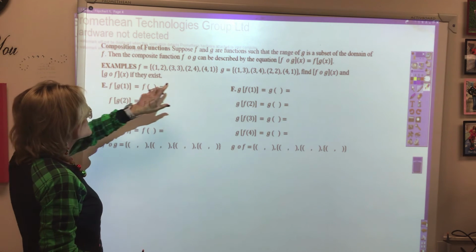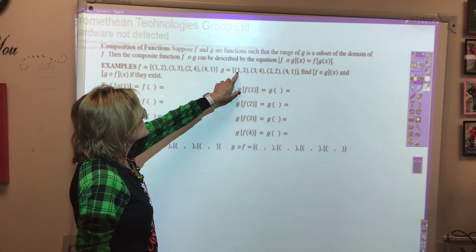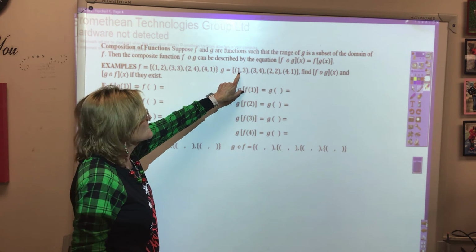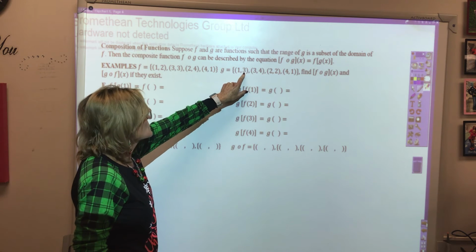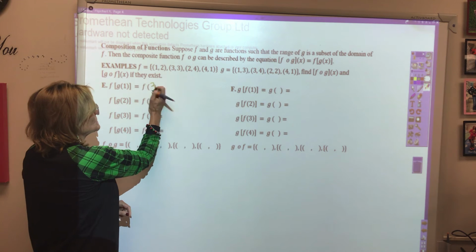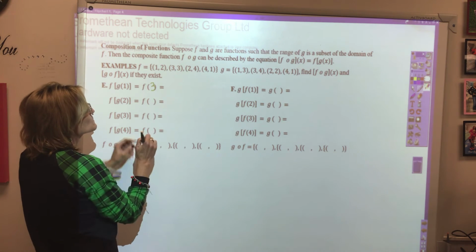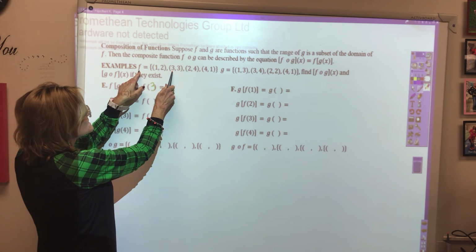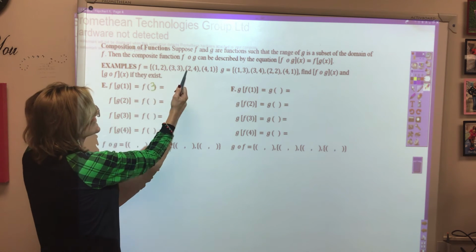So we go to g and we find when g is 1, for our x, our input, the output is 3. So we put that value of 3 right here. Then we look at f of 3 and see that it is equal to 3.